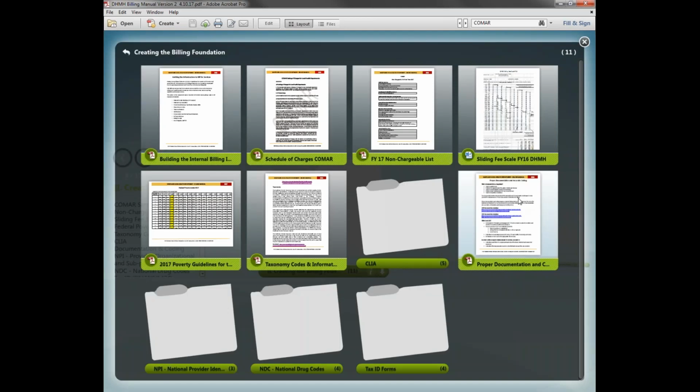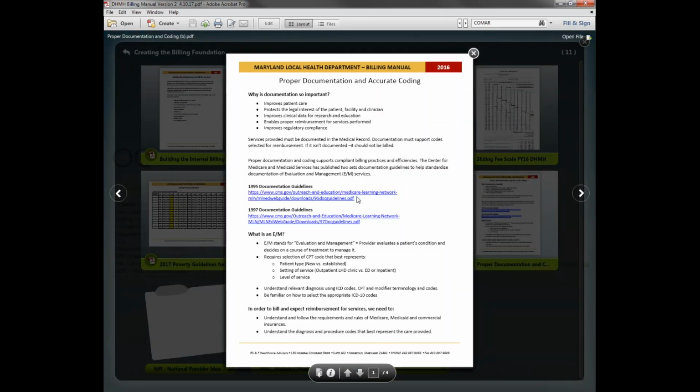Some of the documents also have URL links. These URL links are valid. We've double-checked them. They're all up to date. Double-clicking on these links allows you to open the link in Internet Explorer. We'll show you an example of opening that up.